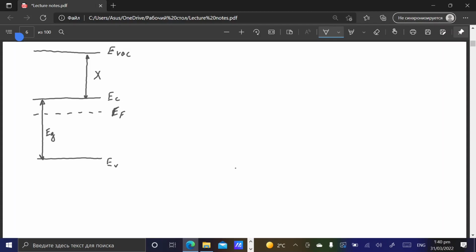There is one more parameter which is very important for semiconductor devices.